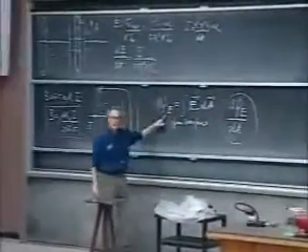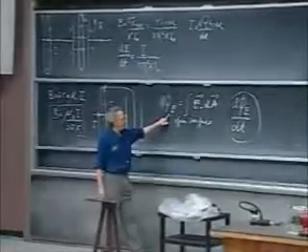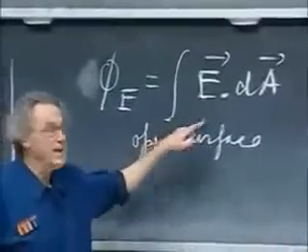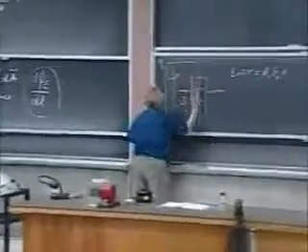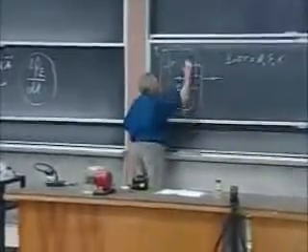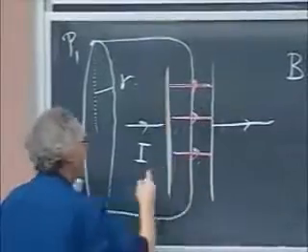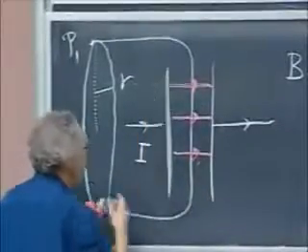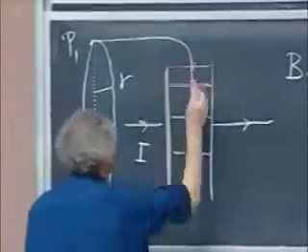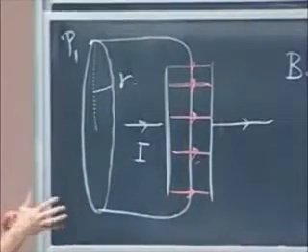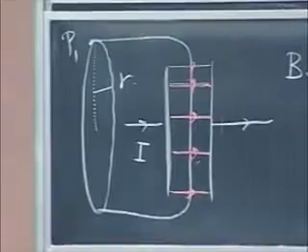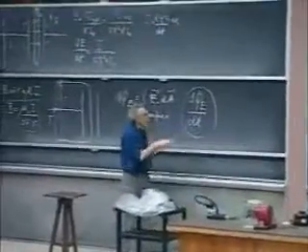Phi e is very easy to calculate because E and dA are in the same direction. Wherever you are inside the capacitor, if we assume that there are no fringe fields, then there is an electric field only when you're inside the capacitor, and so the electric flux is simply E times the surface area.